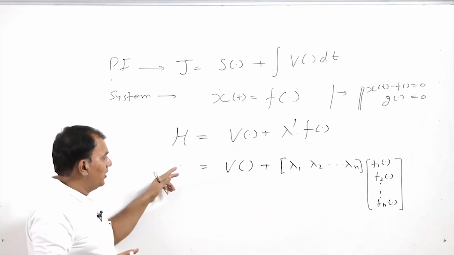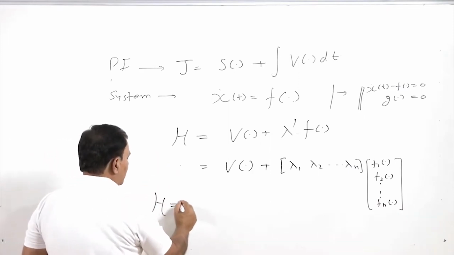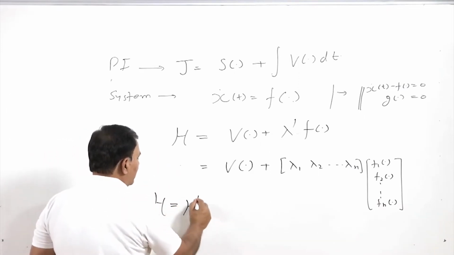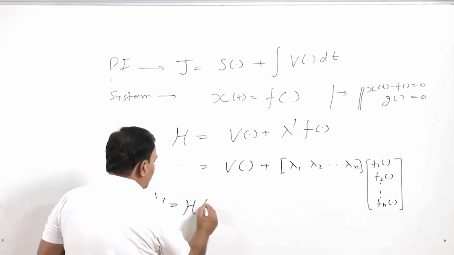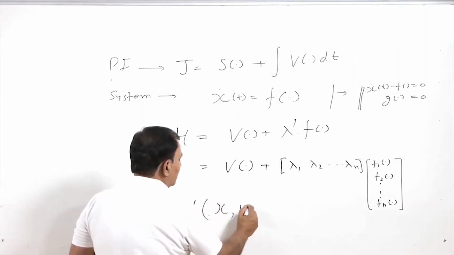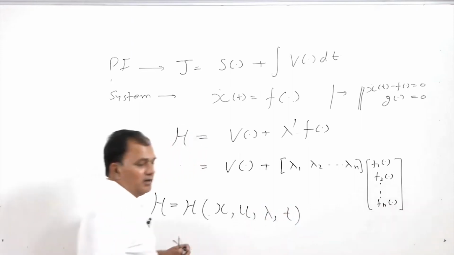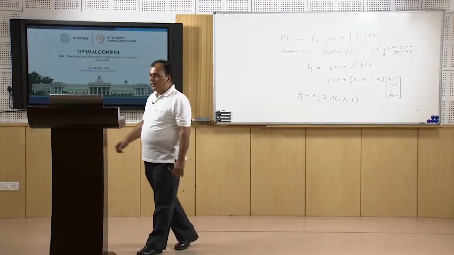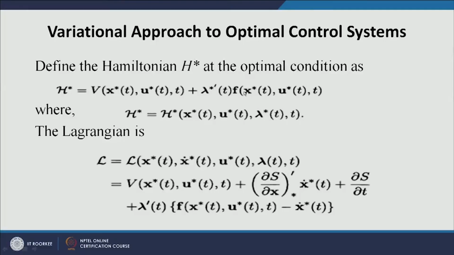So, Hamiltonian H can be written as a function of x, u, lambda, t. So, we are defining our H as v plus lambda prime f, where H is a function of x, u, lambda and t.